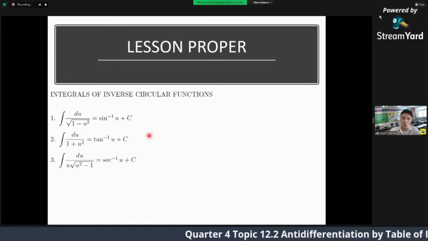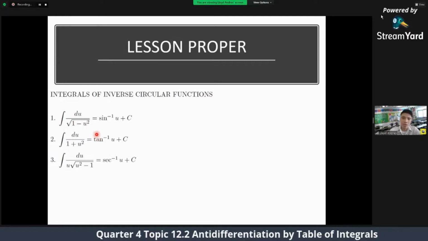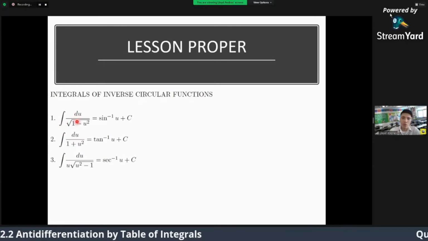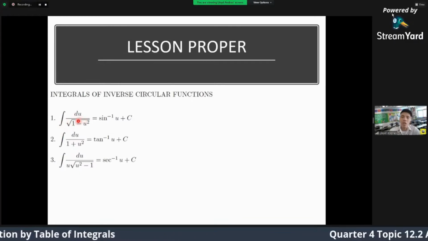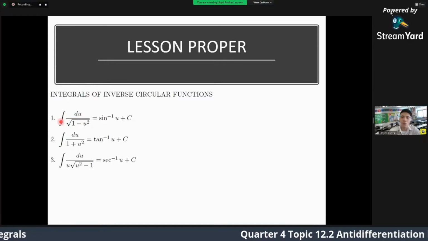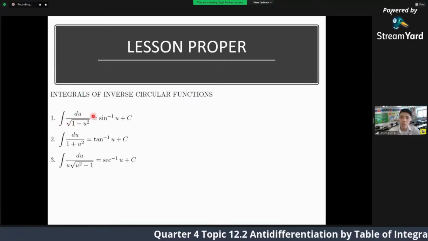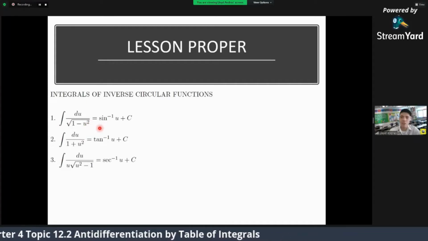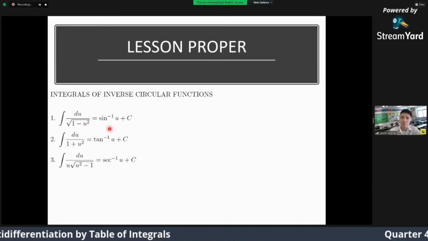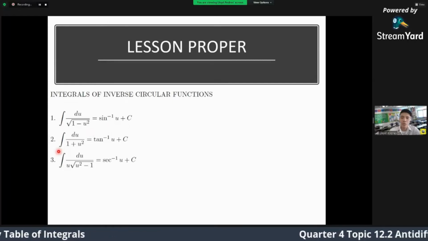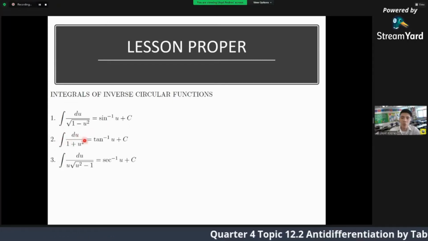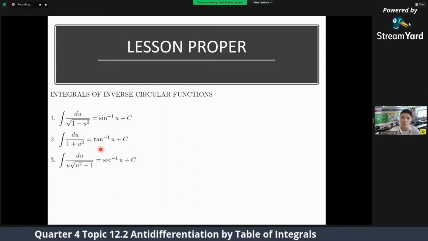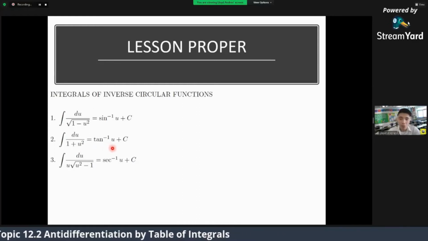So, when you see a problem that involves integral of du over square root of 1 minus u squared, automatic, ang answer ana is inverse sine of u plus c. While kung in the form integral of du over 1 plus u squared, ang answer ana is inverse tangent of u plus c.